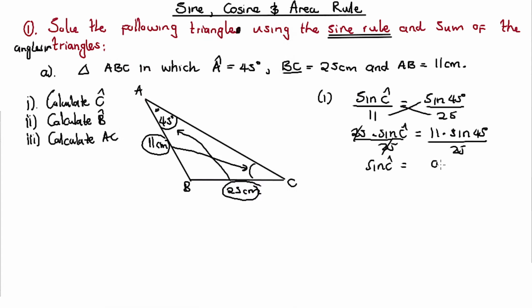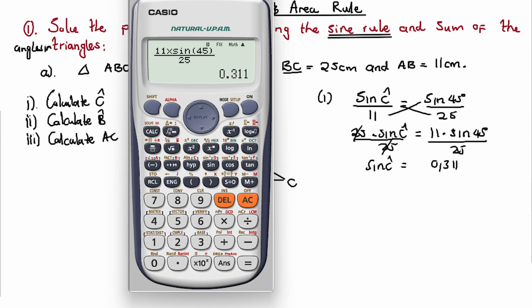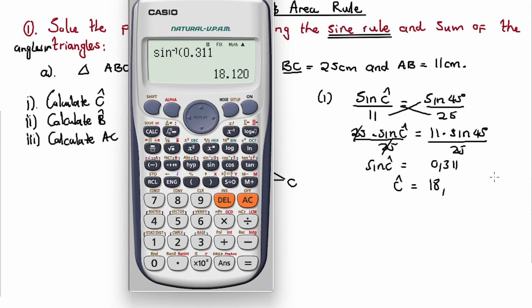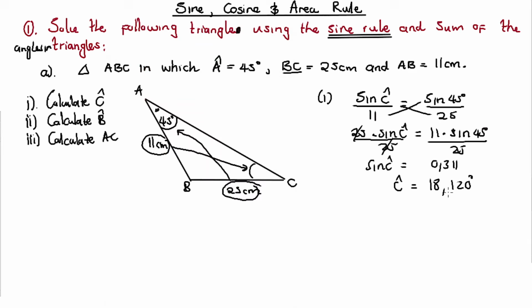The answer is 0.311. Shift sine of 0.311 gives me angle C that is 18.120 degrees.